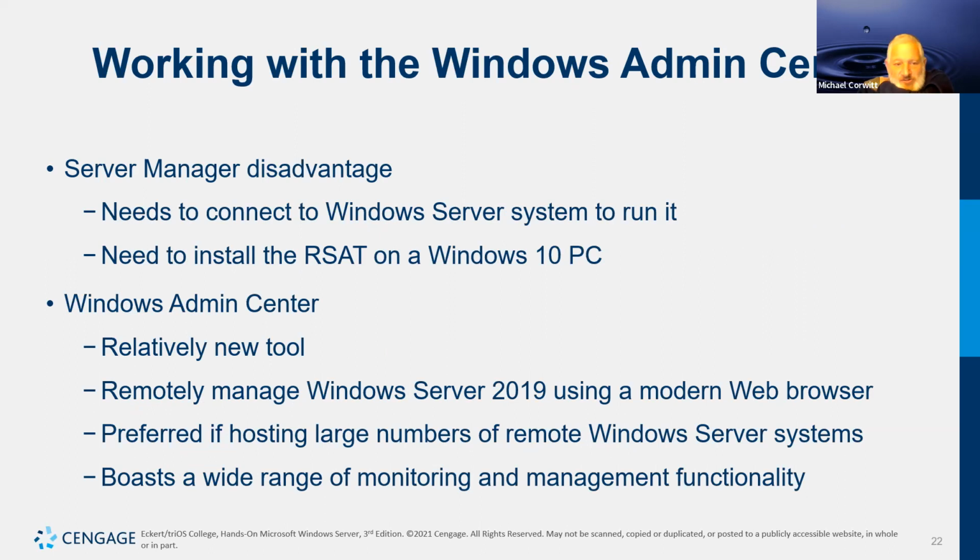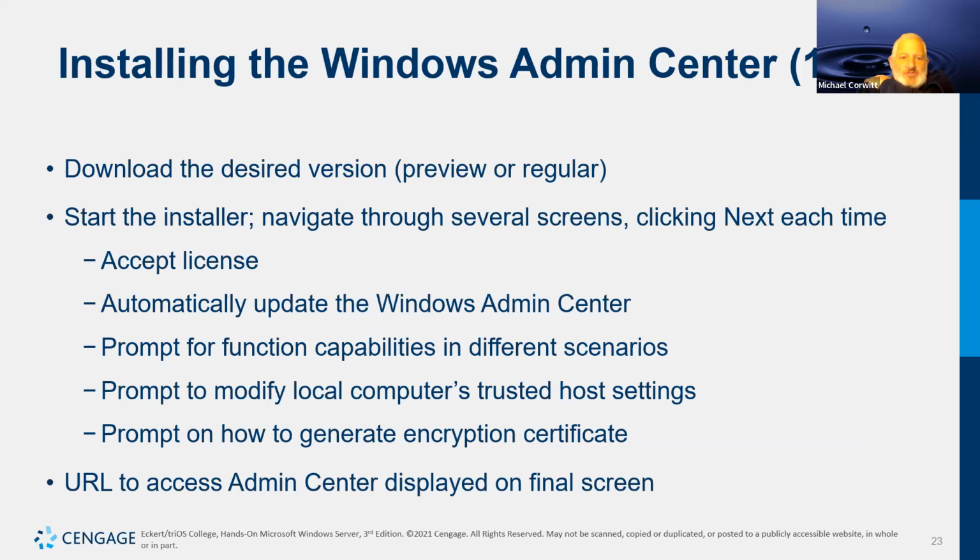Windows Admin Center, it's a relatively new tool. Remotely manages Windows Server 2019 using modern web browser, preferred if hosting a large number of remote Windows Server systems. Boasts a wide range of monitoring and management functionality. Download the desired version, preview or regular.